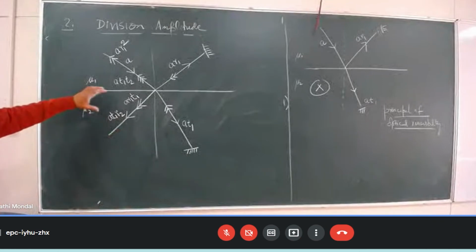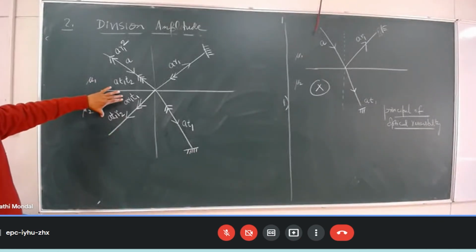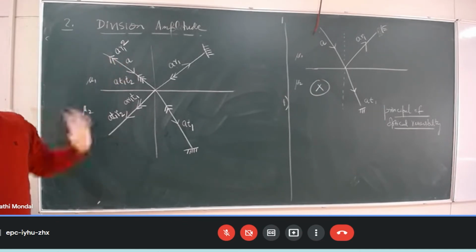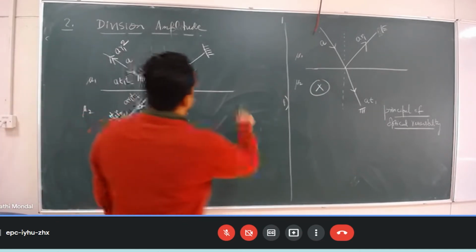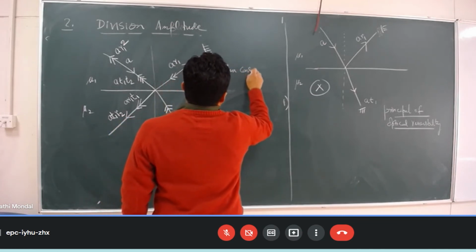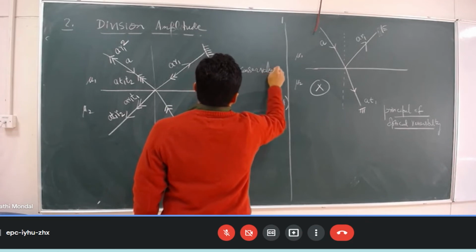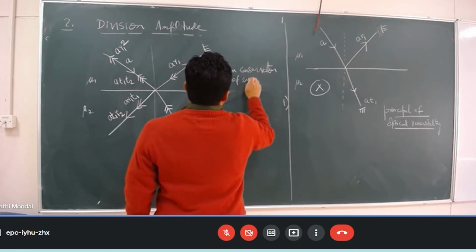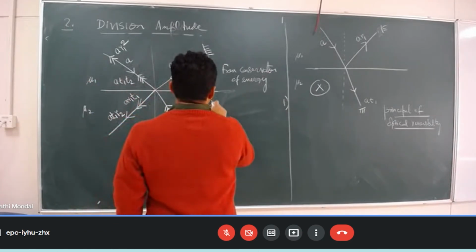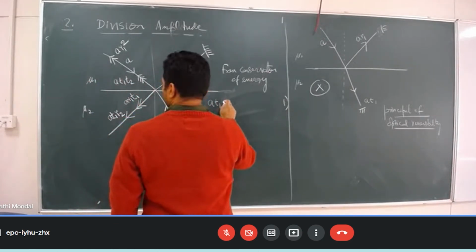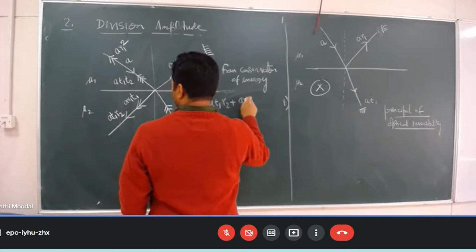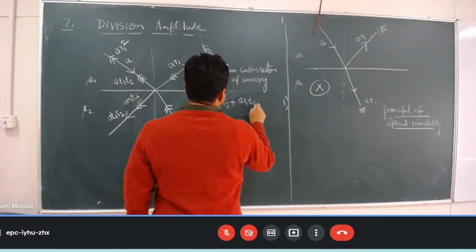So principally this part should be 0 and this part altogether should be A. Okay, so from the conservation of energy, you can write that AT1R2 plus AR1T1 equals 0.